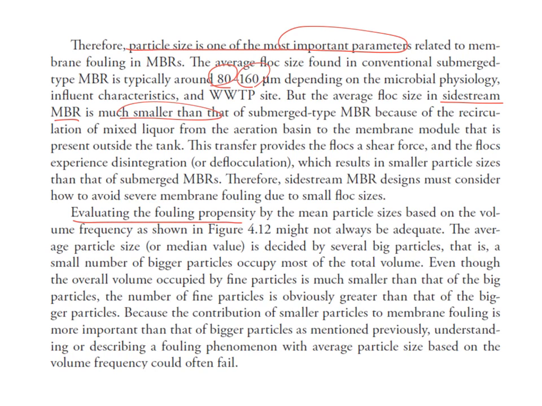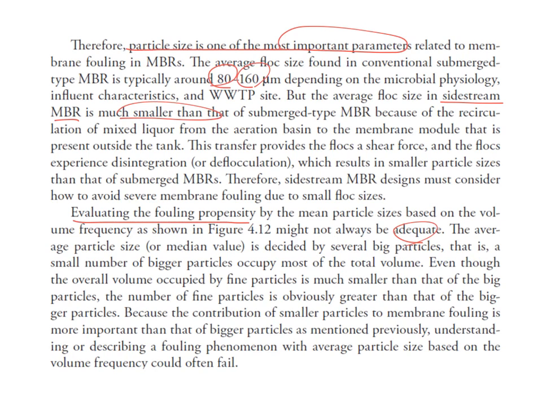Evaluating the fouling propensity by the mean particle size based on the volume frequency might not always be adequate, because this volume average cannot properly reflect the importance of the small particles.